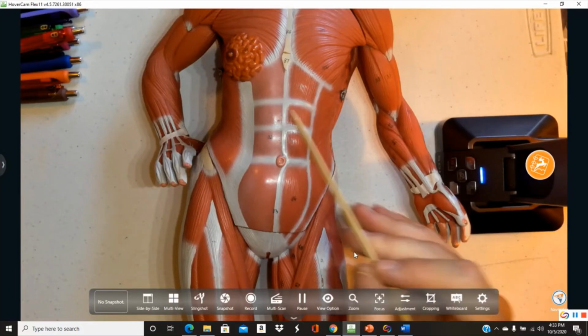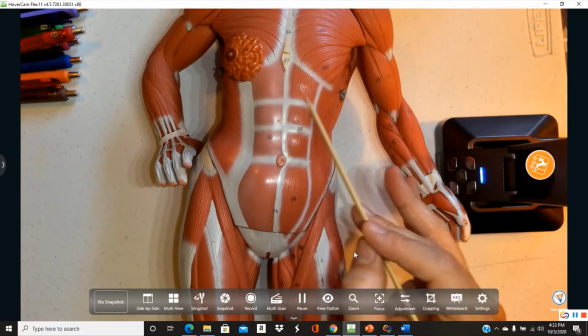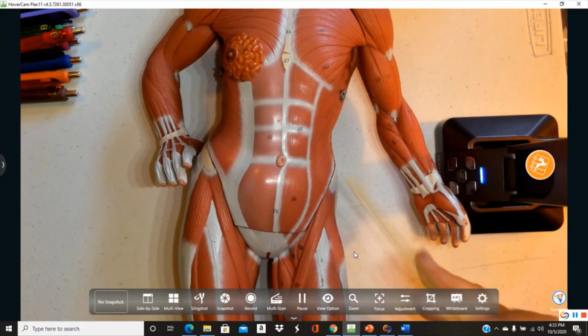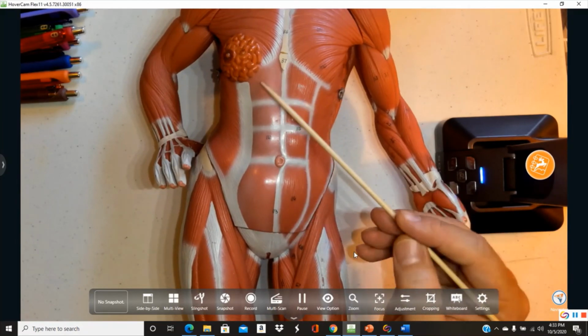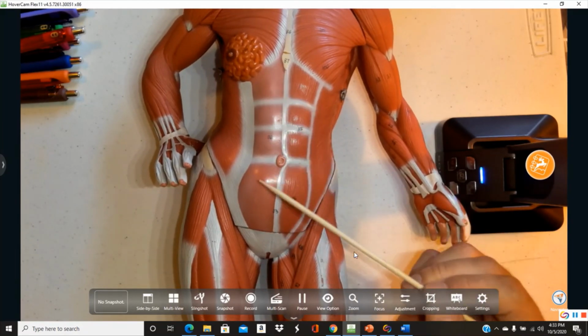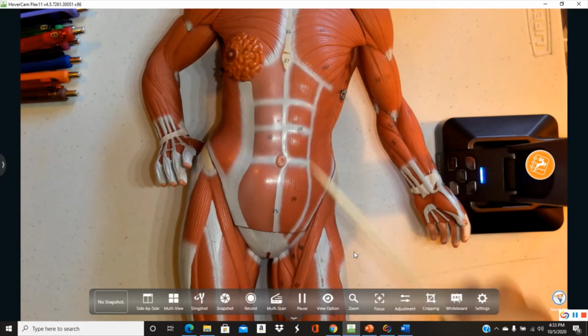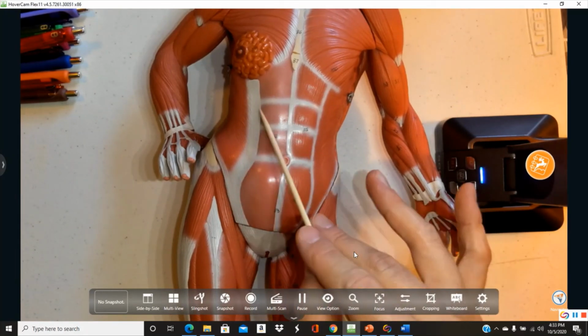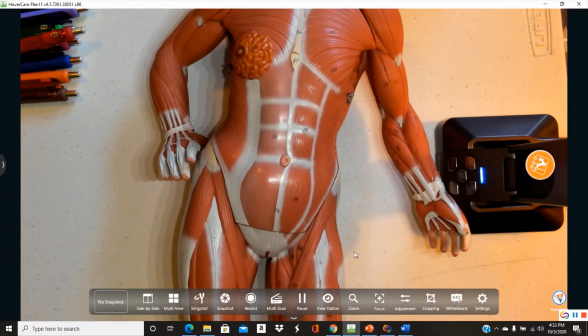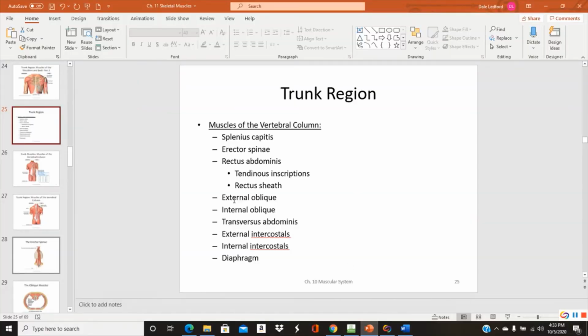These things here are the tendinous inscriptions. Covering it is the rectus sheath. That's just light powdery paint that covers this part here. Sometimes it is really gray like this, the rectus sheath, which is this collagenous tissue that really adds some extra structural integrity. Then there is an external oblique, internal oblique, and transversus abdominis.